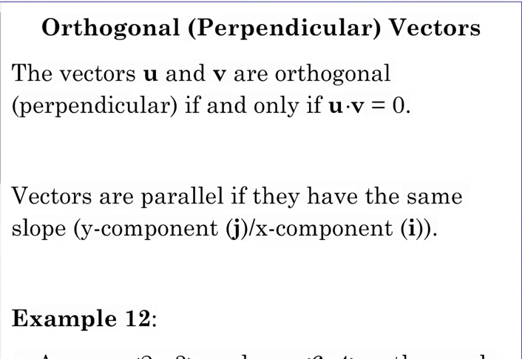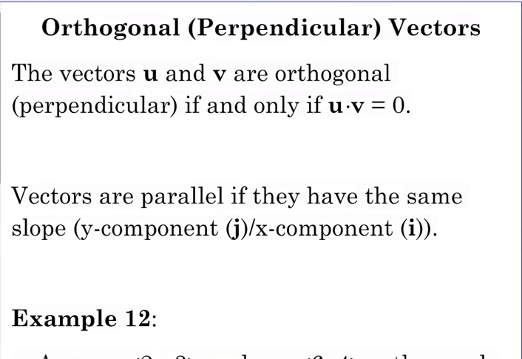Now, if they're not orthogonal and they don't have a certain angle in between them, we can also talk about them being parallel. Think about your vectors for a second. When we draw them, they're kind of like line segments, right? Parallel lines have the same slope, so we can figure out the slope of these things. Slope is y over x, or the j over the i, if we're talking specifically about vectors.